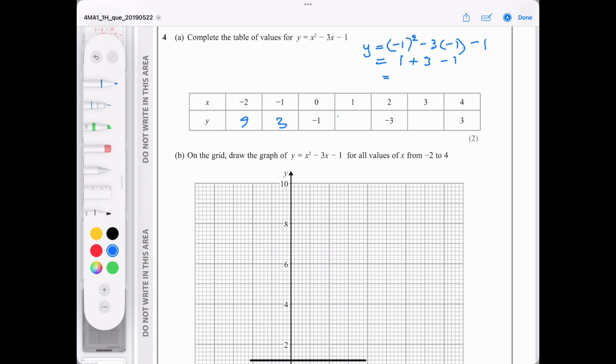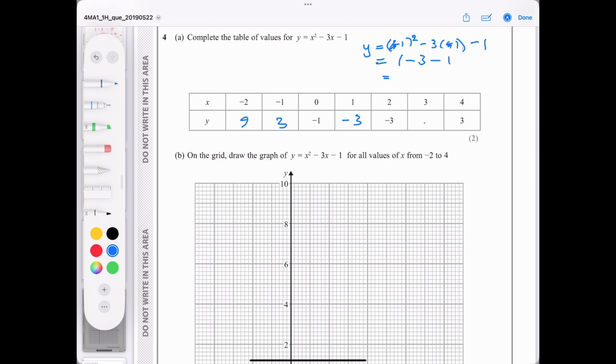Then we've got -1, which makes sense because if you put the 0 in, that's great. Then we go, let's get rid of that. And let's get rid of this. So then it goes 1 squared is 1, -3 minus 1, so that's -3. And then that's -3 again.